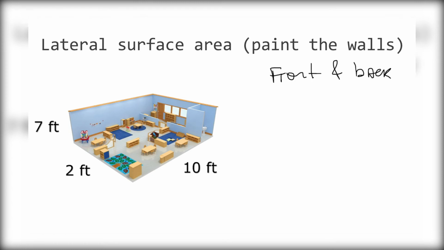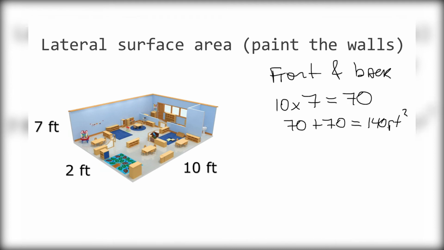And for this one we have the measurements of 10 times 7. So that means that that rectangle in the front is going to be equal to 70, and since it has 2, because it's the front and the back and they are exactly the same, I just have to add them together, and the area for both is going to be equal to 140 square feet.